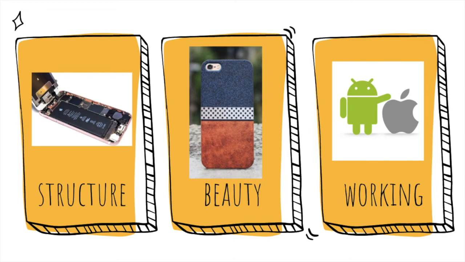Now you have the hardware of a mobile phone, you have a cover, but it is still of no good use if you can't watch YouTube videos on it, right? So it must be working, right? So to make a mobile phone working, we need an operating system. So the operating systems could be iOS or Android. That totally depends on the user. But for the working, there has to be an operating system.